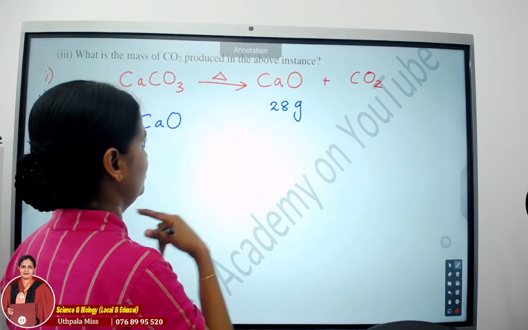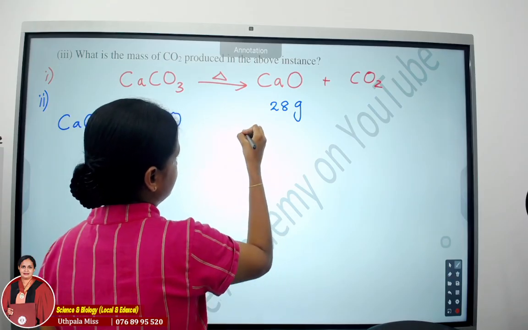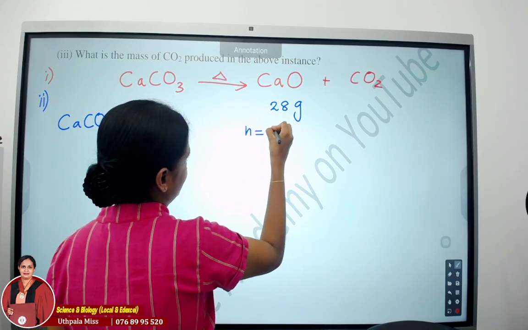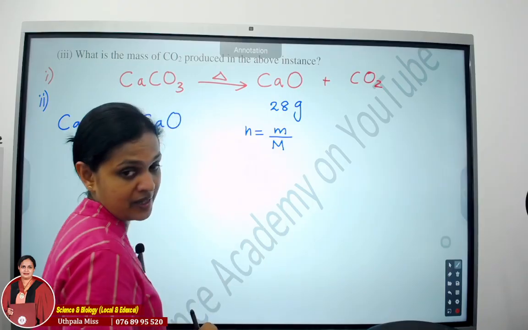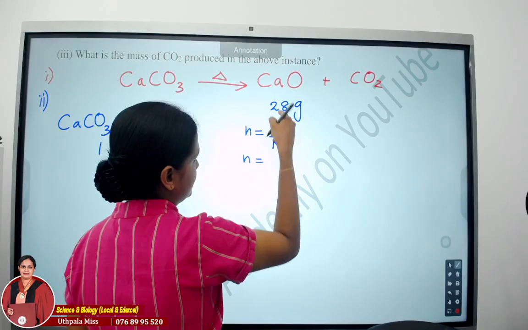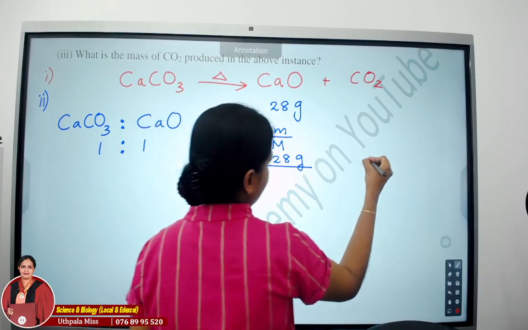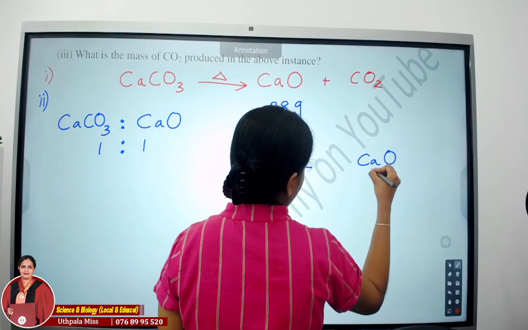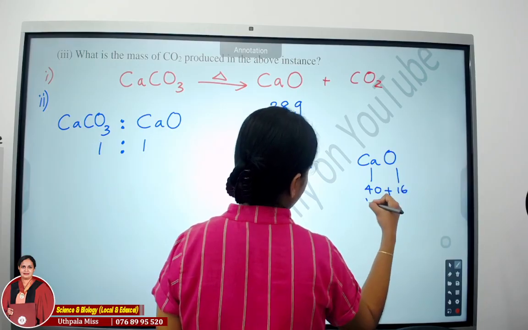So we need to obtain 28 grams of calcium oxide. And now what is the number of moles of calcium oxide? So I write the equation. Number of moles equals mass divided by the molar mass. Number of moles equals mass, which is 28 grams, over the molar mass of calcium oxide. My calcium is 40 plus oxygen is 16.